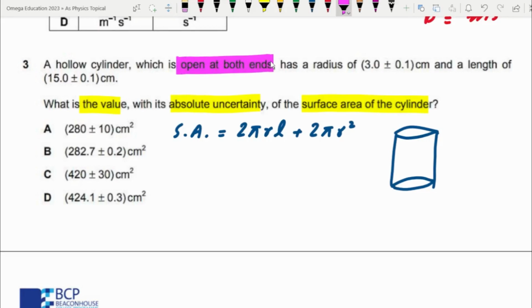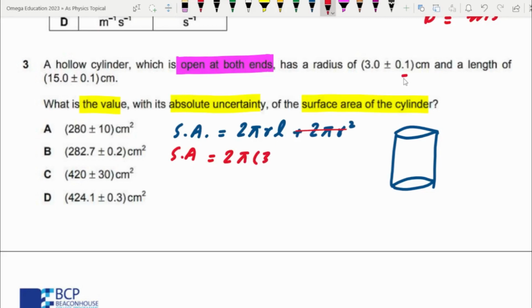So you will not be including the area of the circle at the top or the circle at the bottom. So 2 pi r square is thrown out the window. We can find the principal value of surface area by using the formula 2 pi RL. So 2 as it is, pi as it is, the measured value of r is 3, and 0.1 is the uncertainty.